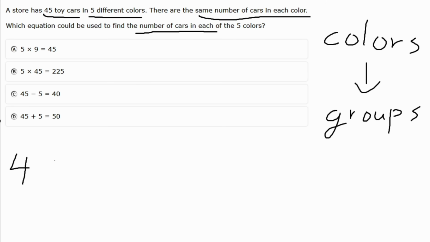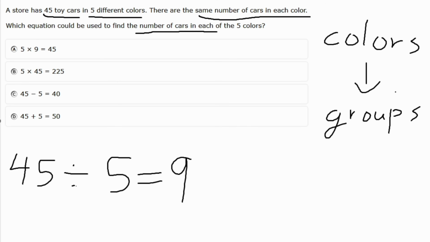So we have 45 toy cars in total, and we have them in groups of 5. So we should be thinking division. Just another way to say division. So 45 divided by 5 gives us what? That gives us 9. Now, we don't see 45 divided by 5 equals 9 in our answer choices.